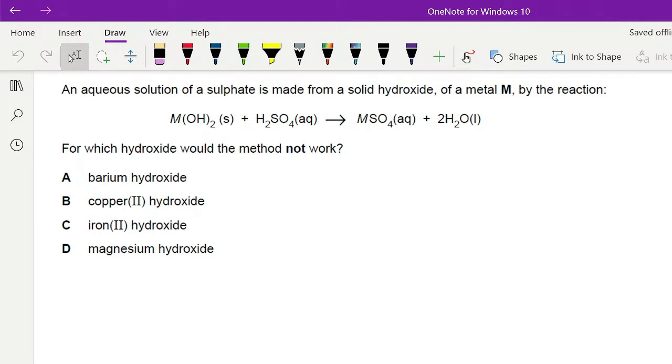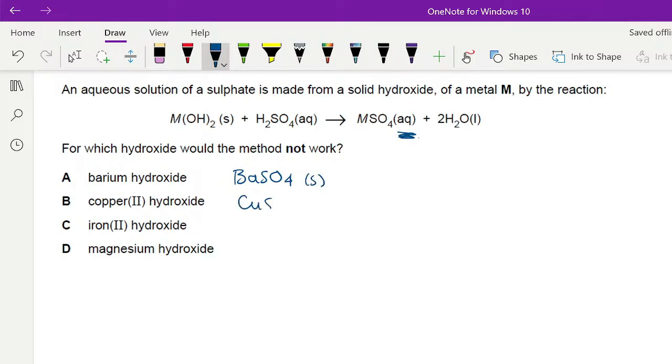Aqueous solution of a sulfate is made from a solid hydroxide by the reaction of this. For which hydroxide would the method not work? You want to make aqueous solution of a sulfate. So the sulfate must be aqueous, alright? If you go with barium hydroxide, barium sulfate is produced, right? Remember our solubility rule, barium sulfate is insoluble.